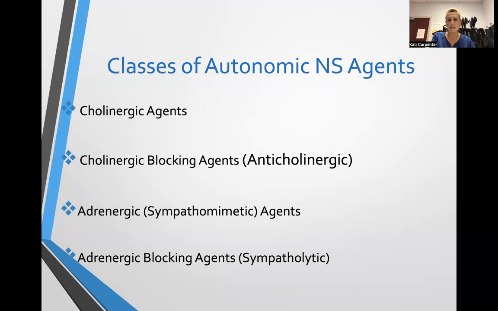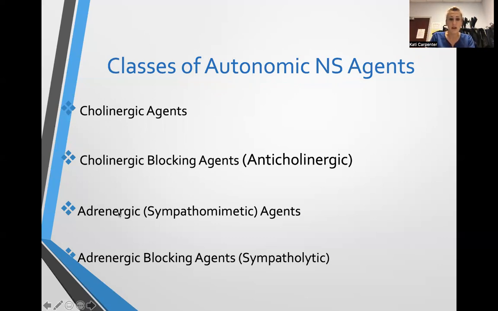So, classes of autonomic nervous system agents or drugs. A cholinergic agent is going to be plus parasympathetic. Cholinergic blocking agents are going to be anticholinergic, but that also means it's adrenergic, sympathetic. So remember, it's really important to understand that concept that it is moving all the time, of who's in control, sympathetic or parasympathetic.